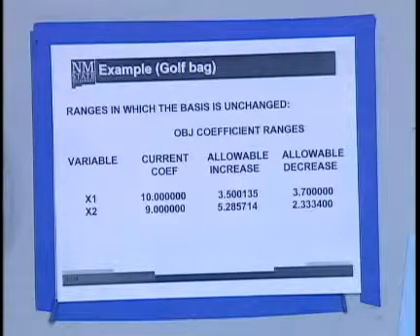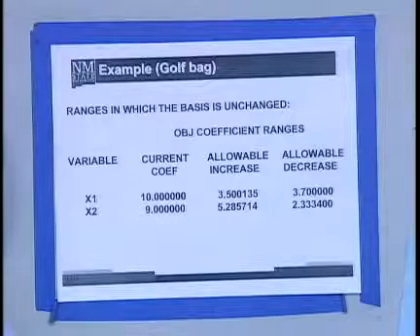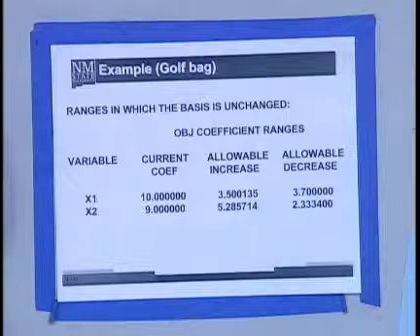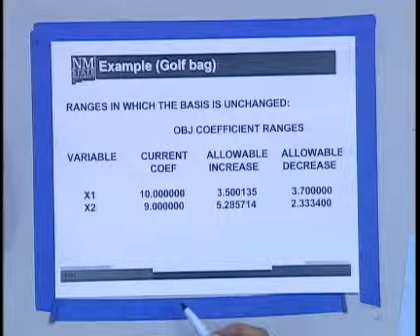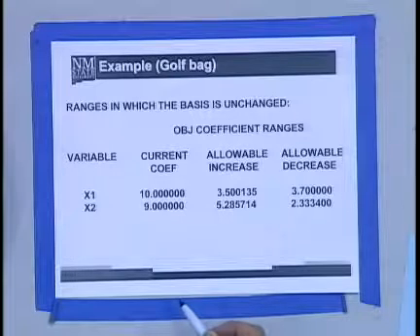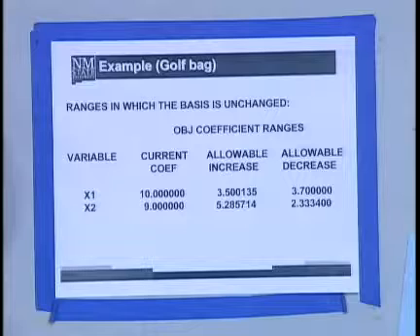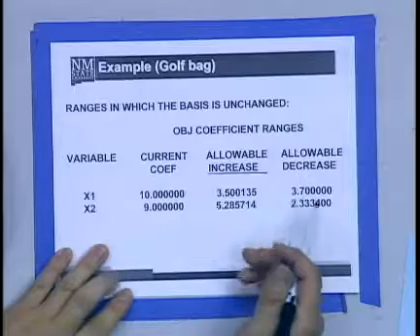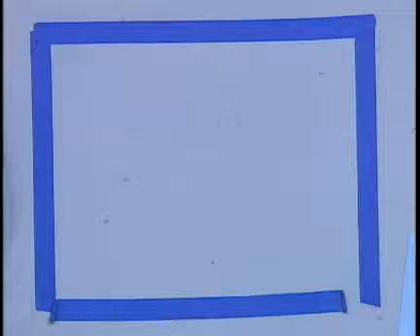First, let's look at the right-hand side ranges. So increasing the department by 10 hours is still within the allowable increase limit of, or is it, I need to look at the right-hand side ranges instead of objective coefficient ranges.